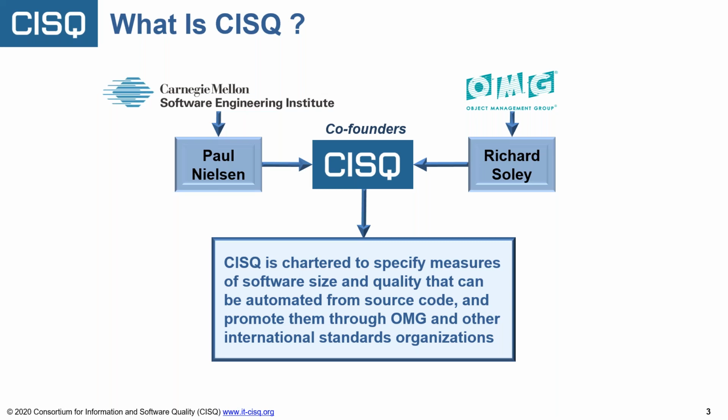We need international standards. And so that's the genesis of the consortium: it was chartered to build specifications for automated measures of size and software quality that can be used to evaluate a large software application.